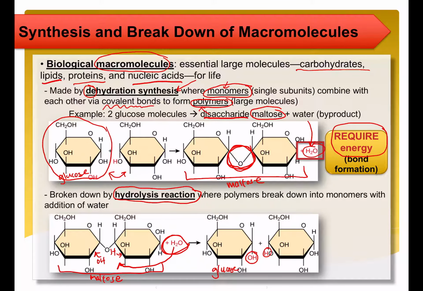All right. And with the opposite of synthesis of polymers, when you break polymers, you are breaking bonds, and it always releases energy. So when you're forming a bond, it requires energy, but when you're breaking a bond, it releases the energy that is stored within.